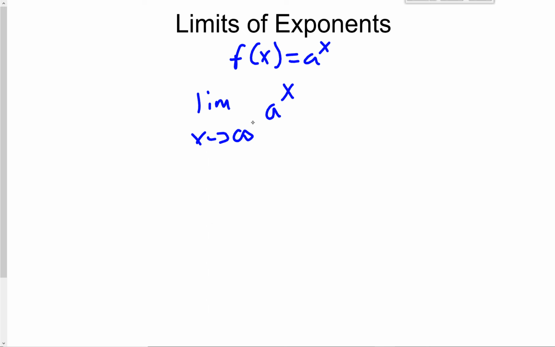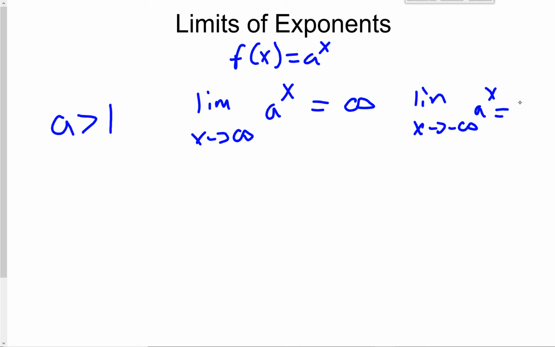If our a, our base, is greater than 1, then this will just go to infinity. If I take the limit as x goes towards negative infinity of a raised to x, then that's going to go to 0. As x gets smaller and smaller, that negative is going to flip the fraction, and so it's just going to get closer and closer to 0.